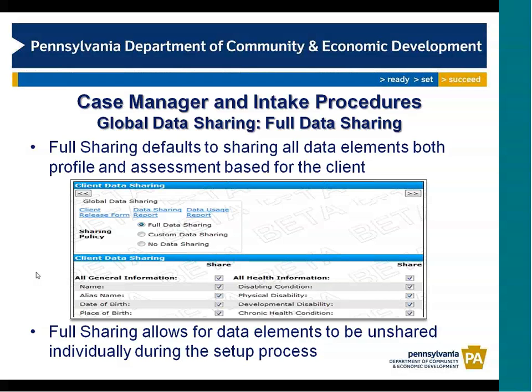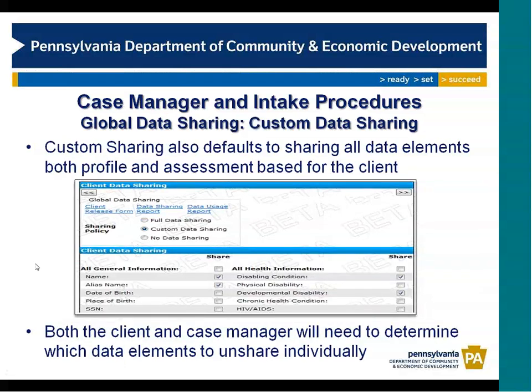The system allows them, after the sharing level policy has been enacted, to specifically unshare data elements that they feel may not be in the client's best interest. And we want to keep the sharing policy setting exactly what's recorded and signed for by the agency and the client on the collaborative client form. We'll talk a little bit about some of those sharing maintenance options after we go through the individual sharing settings.